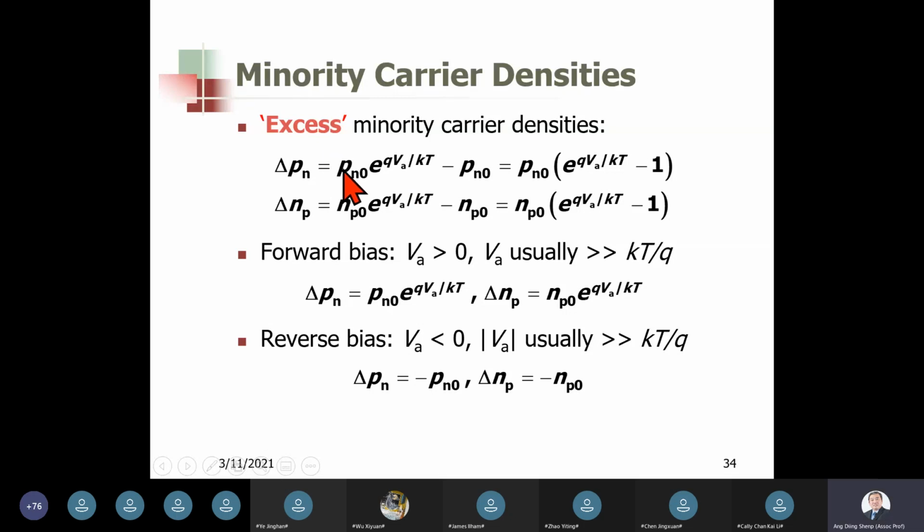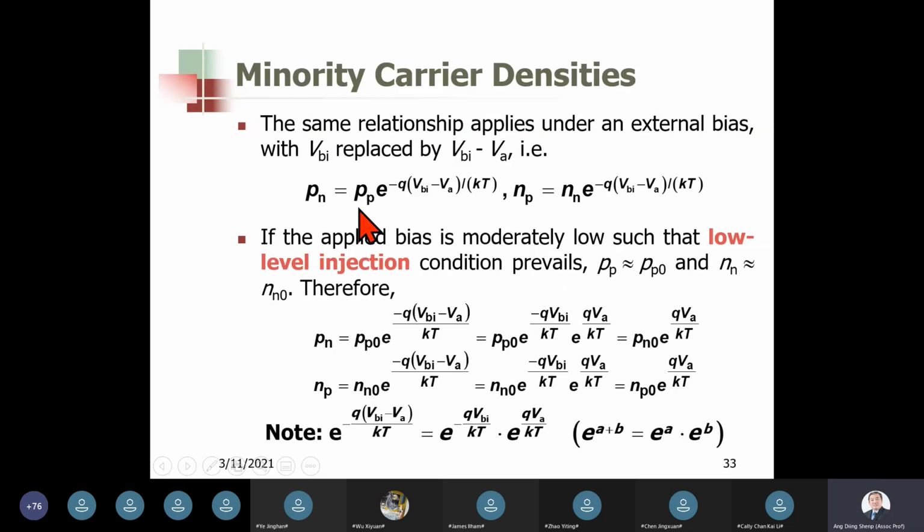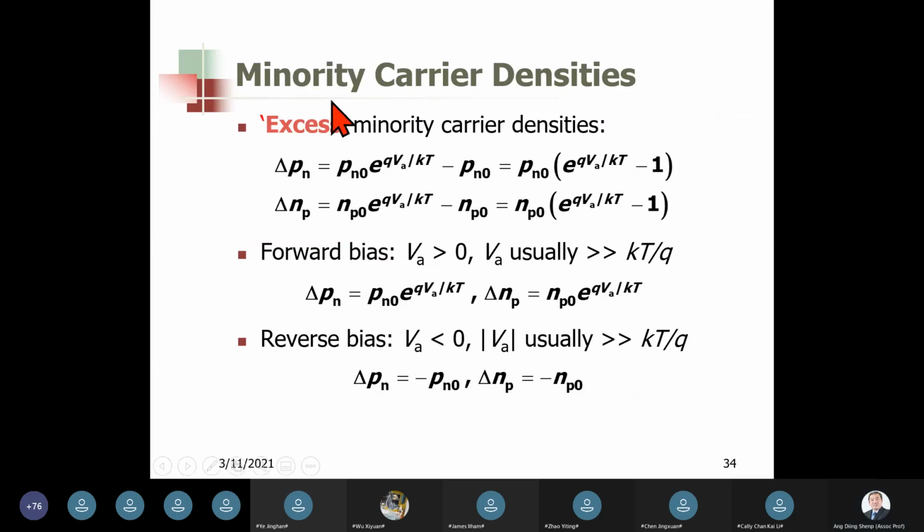Now we can also further express these two equations in alternative forms, by defining the excess minority carrier concentration. Excess is simply the change, right?